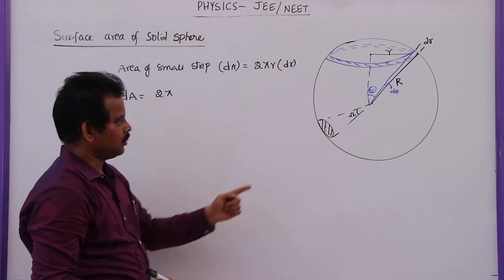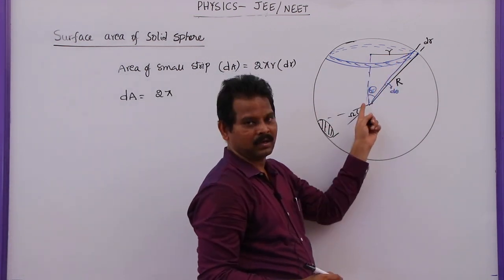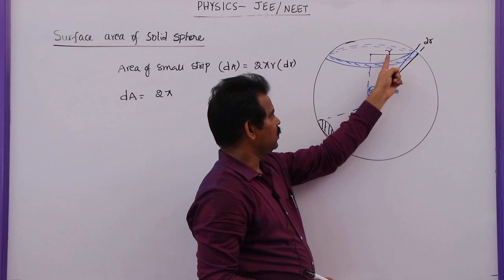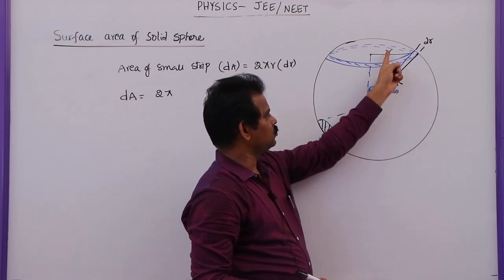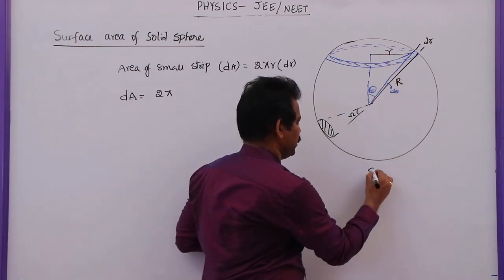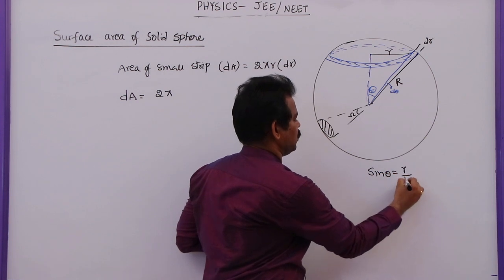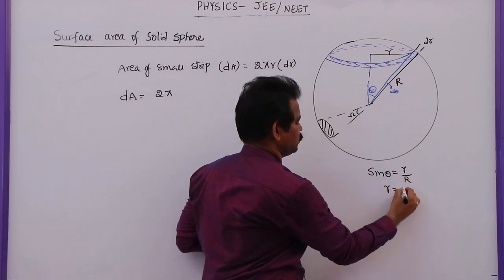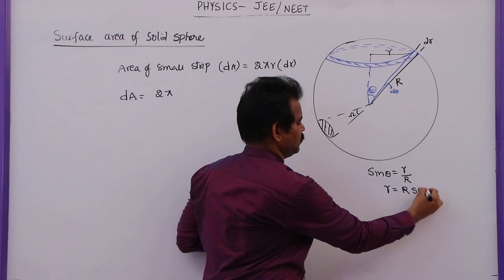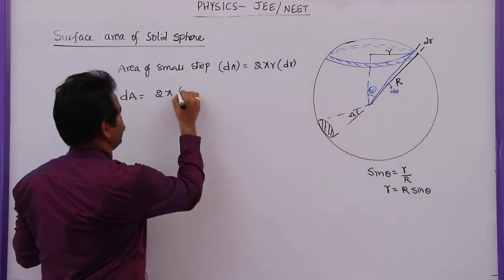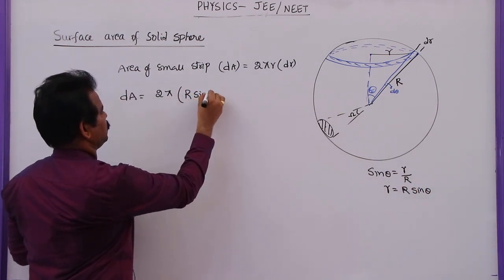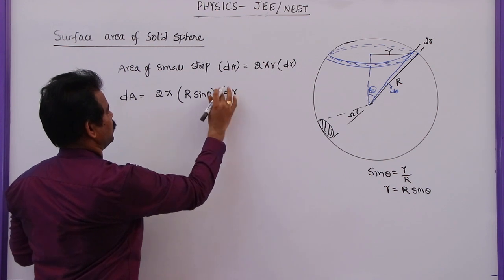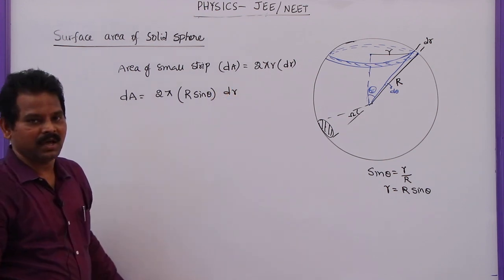What is small r here? If we observe this right angle triangle, with angle theta, sin theta is equal to small r by capital R. In place of small r, you can write R sin theta. So this will become 2 pi R sin theta into dr. But what is that dr value?